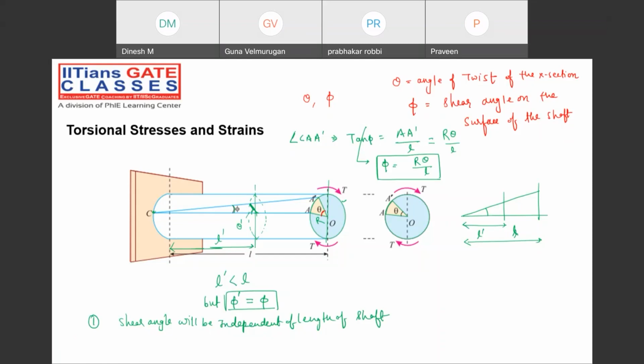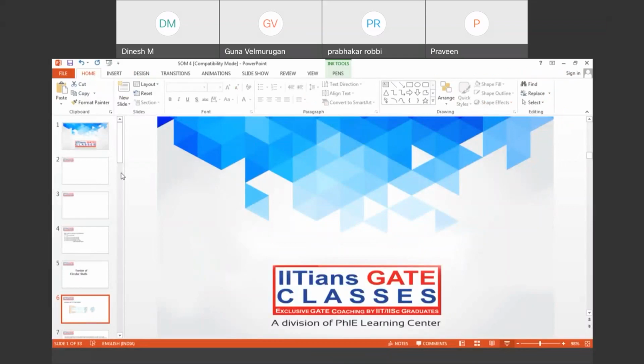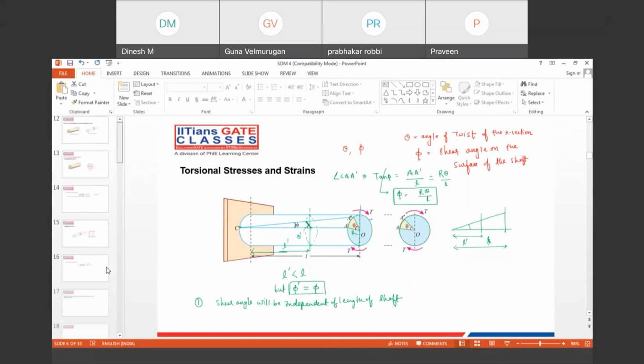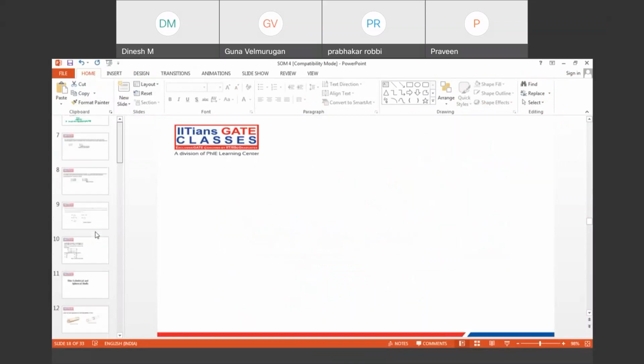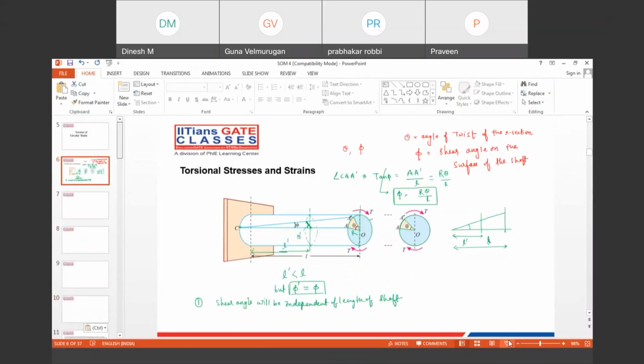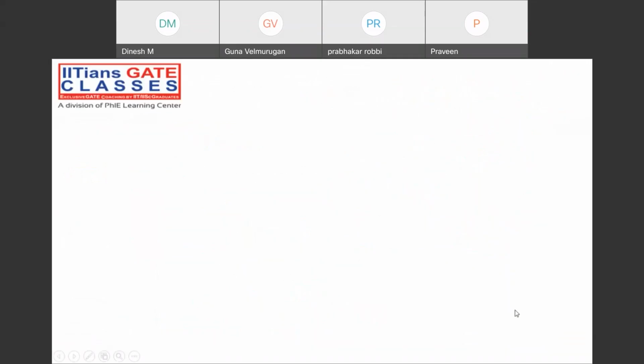Now, let me show you one more diagram. Just wait. Now let me show you one other example.